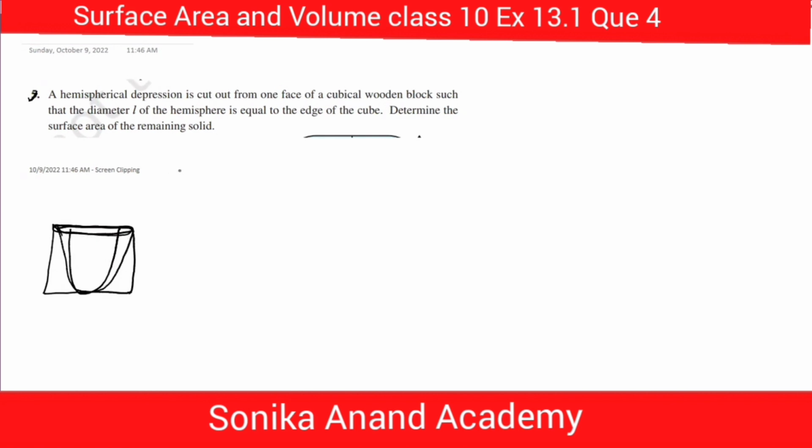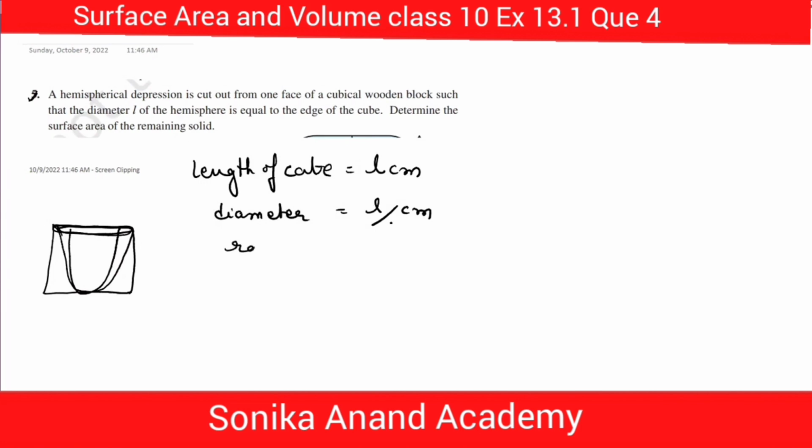So we know that length of cube is equal to L centimeter. So diameter of the hemisphere is again L centimeter. Clear? So radius of the diameter becomes L by 2 centimeter.